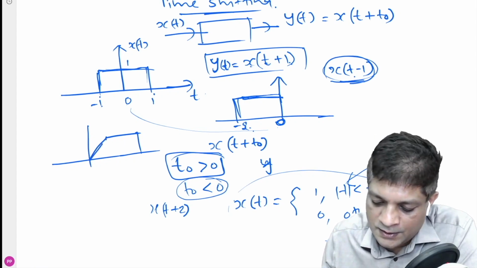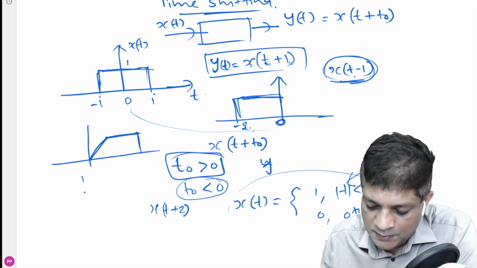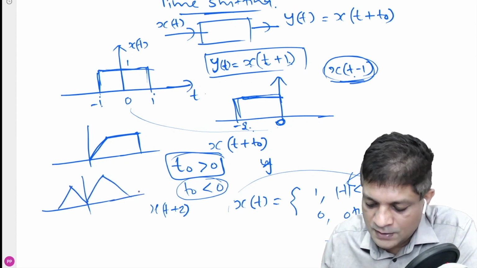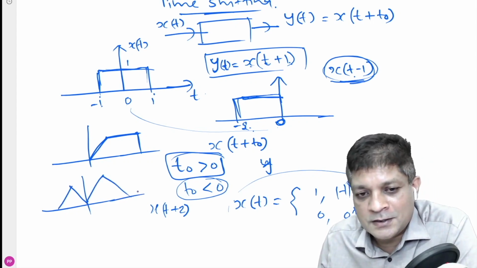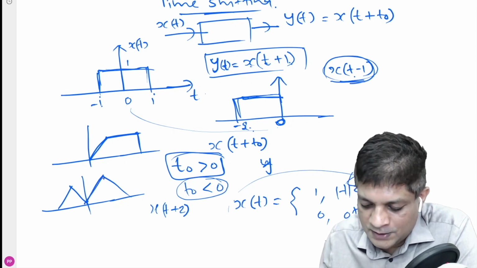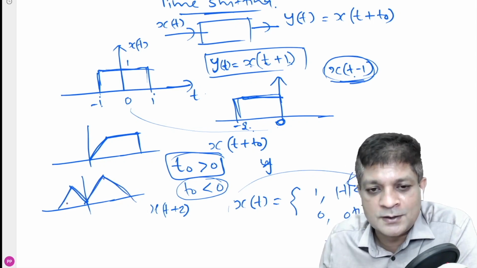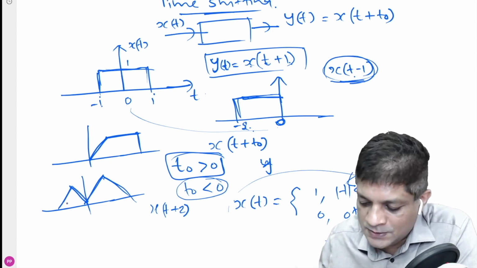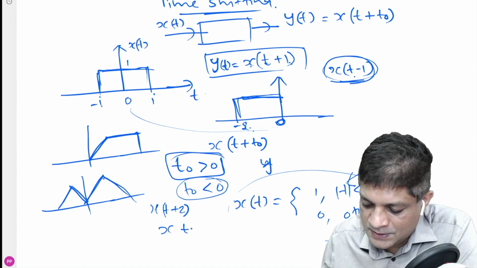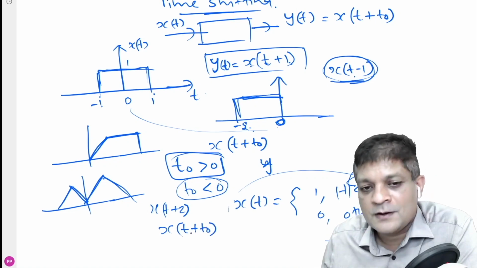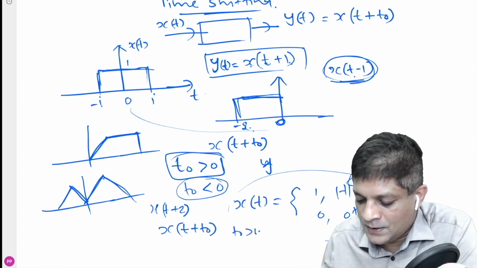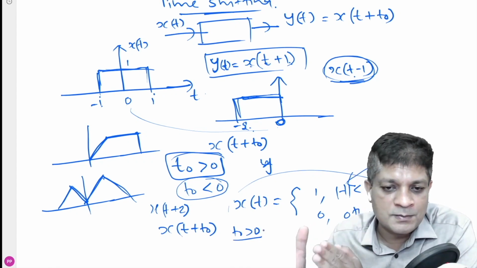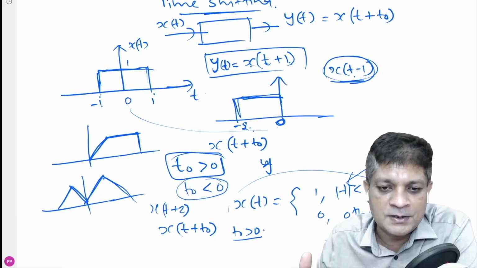You have to write the expression for each part. But if you are given a signal like this, don't try to find the expression for this and try to change the variable. What you have to do is, this is the operation x(t + t0). If t0 is greater than 0, you are advancing that signal by t0, that means shifting that signal left by t0.